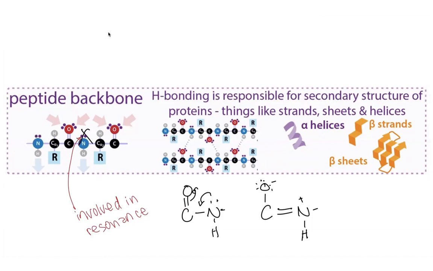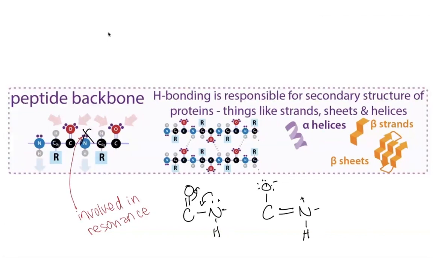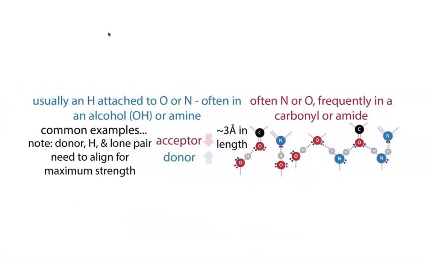hydrogen bonding opportunities. Now, the reason why you get these distinct shapes and not just random blobs from these hydrogen bonds is because hydrogen bonds have special requirements. So we talked about how you need to have the hydrogen on something electronegative, and you need to have a lone pair on something electronegative. But you also have to have a couple of other specific things.